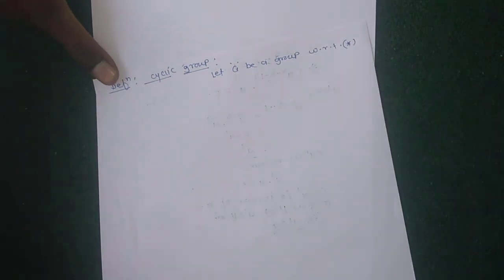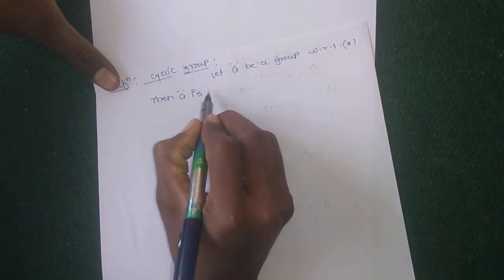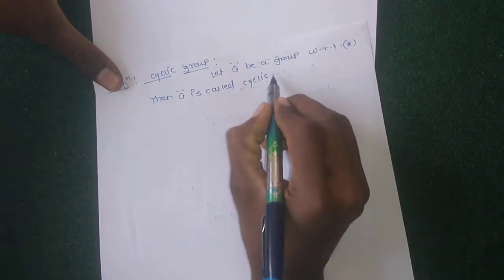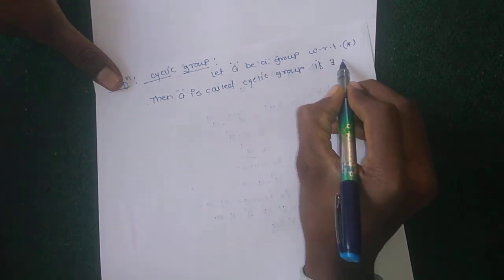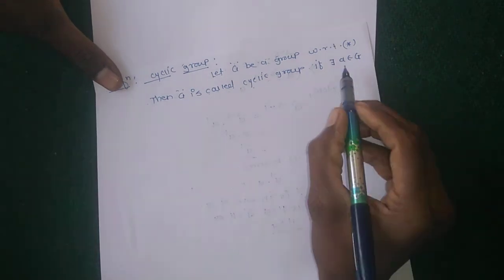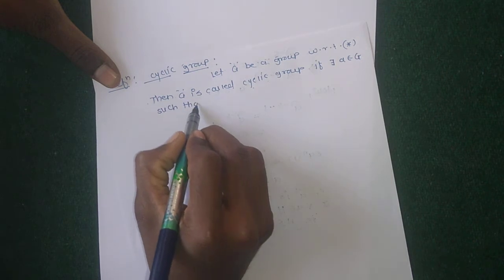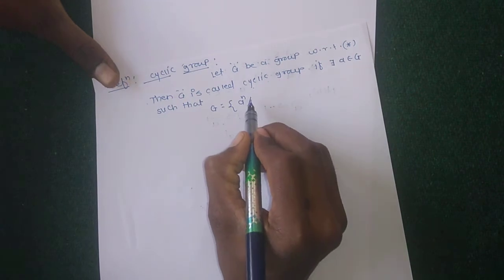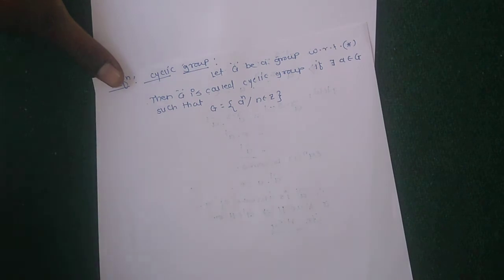Then G is called a cyclic group if there exists a belongs to G such that G equals the set of elements of the form a raised to n, where n belongs to the set of integers Z. This is the definition of cyclic group.